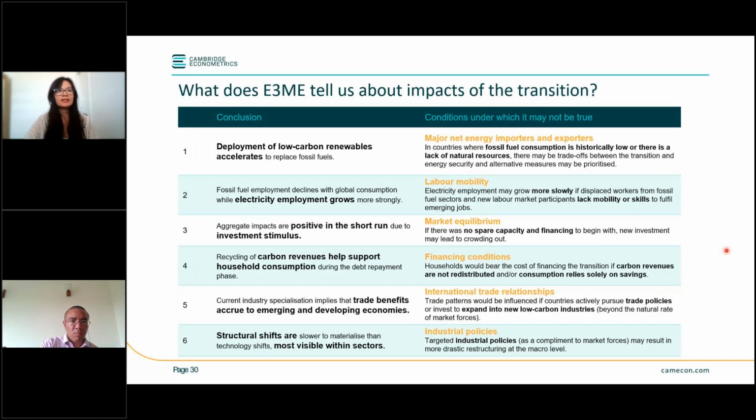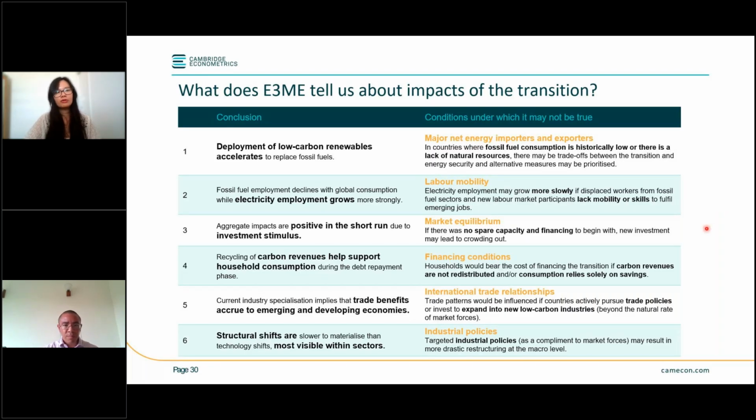An example is we've seen that the model projects an increase in employment in the electricity sector, but if there was very restricted mobility or severe skills shortages in certain parts of the world, then that pace of increase in employment may actually turn out to be slower than what the model had projected.